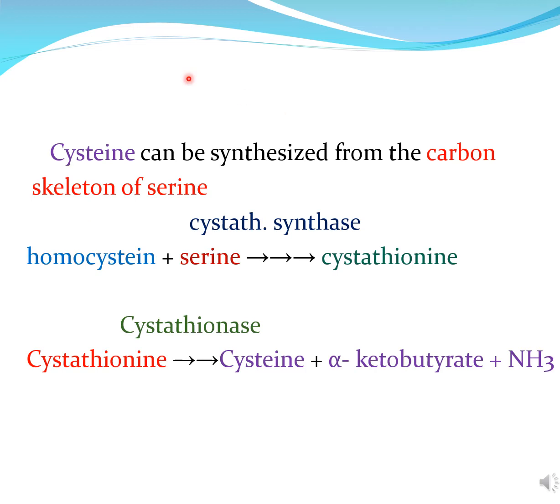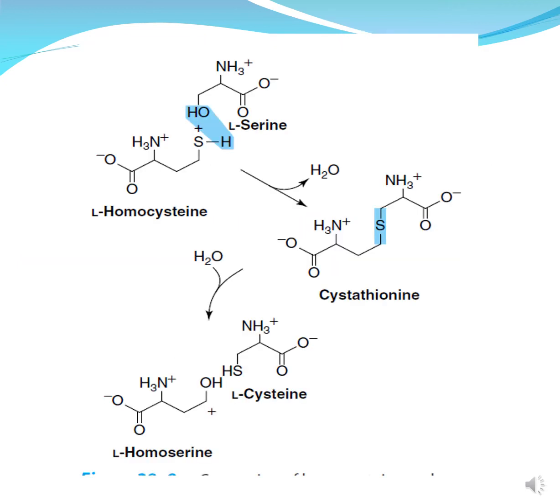Now we come to cysteine. Cysteine is a sulfur-containing amino acid. It is derived from methionine by a series of reactions. It is better to discuss it in this diagram. To synthesize cysteine, we need serine, which is an important amino acid, and we need L-homocysteine. From where do we derive this L-homocysteine?